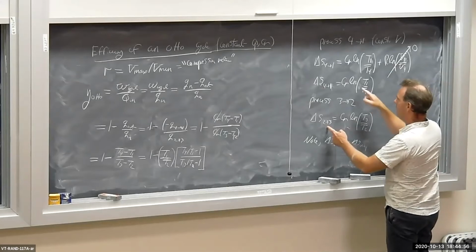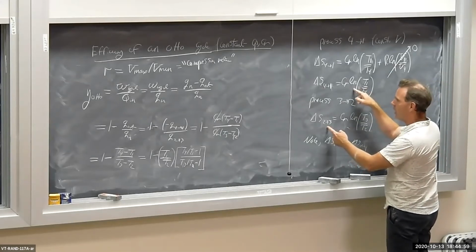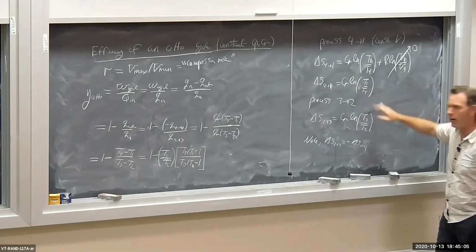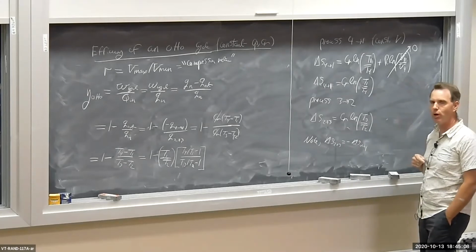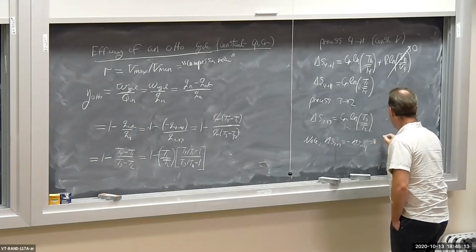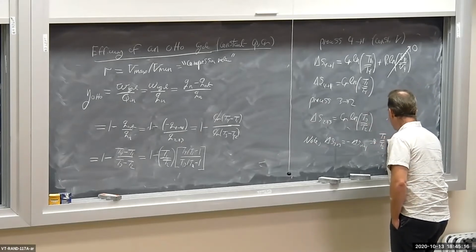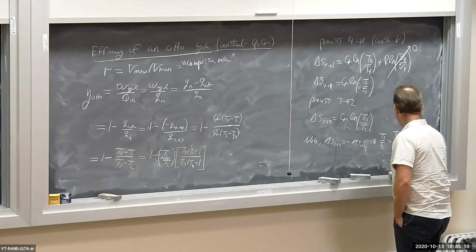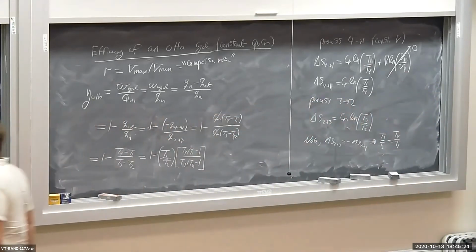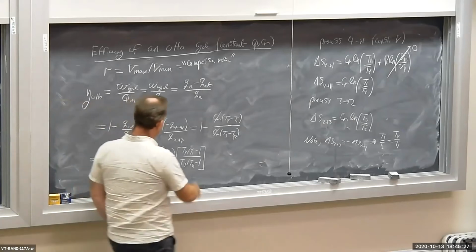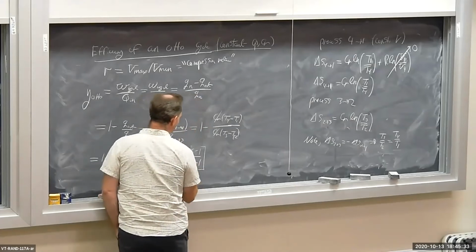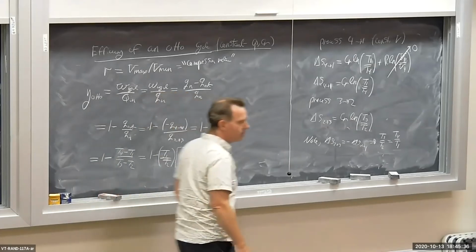This implies T3 over T2 is equal to T4 over T1, since these delta S's are equal and opposite. That means this quantity in brackets is equal to 1, and it goes away.